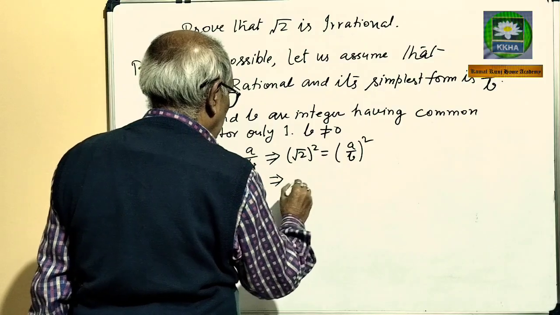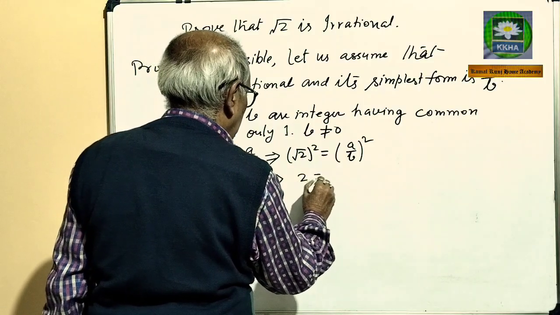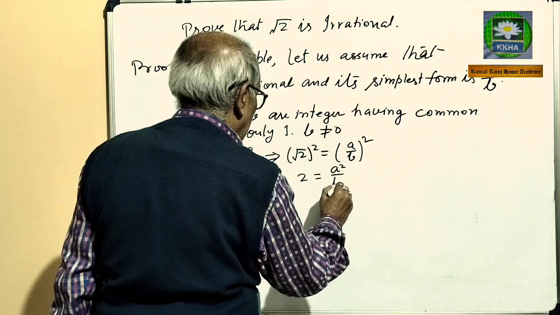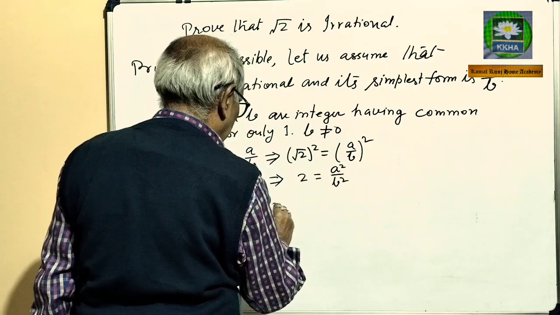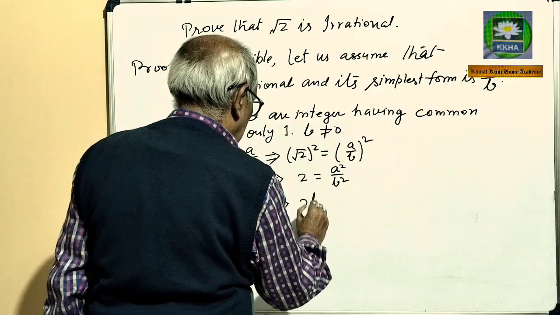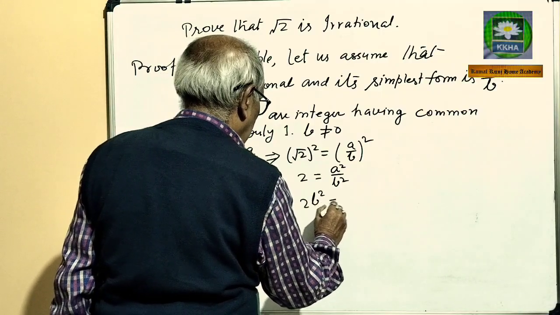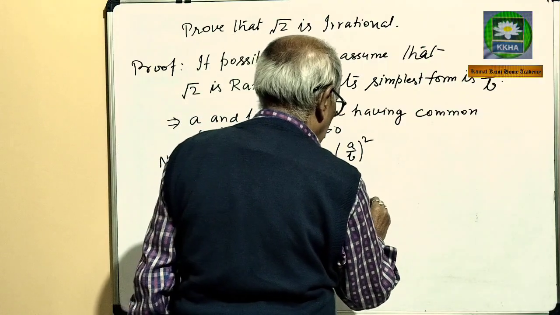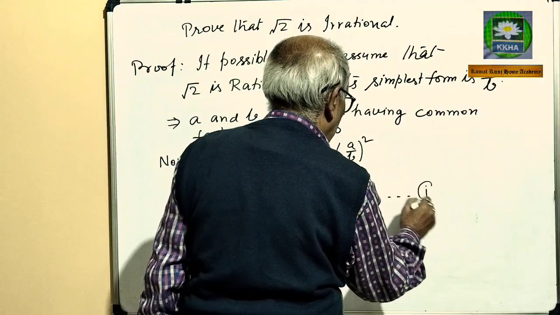This implies that 2 is equal to A square upon B square. This implies that 2B square equal to A square. Let this be 1.